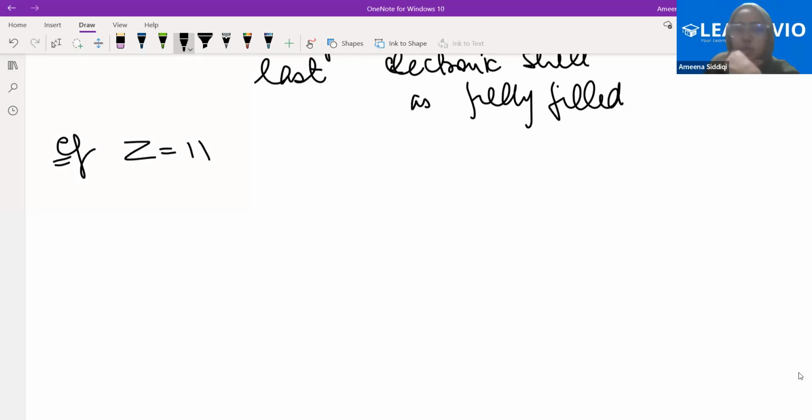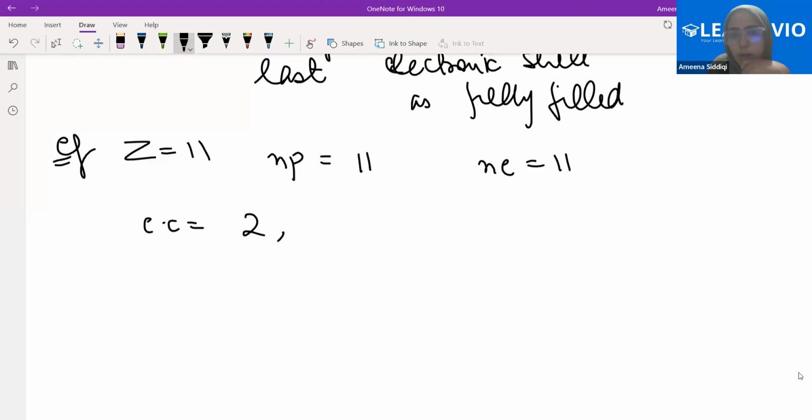Can you tell me the number of protons here? 11. Number of electrons? 11. All the protons will be in the same nucleus, so we are not concerned with that. We need to go on the electronic configuration. How many electrons in the first shell? 2. Do I need to move to the third shell?